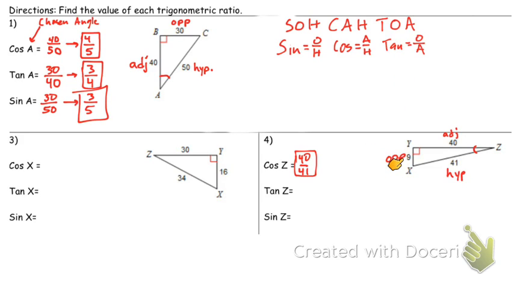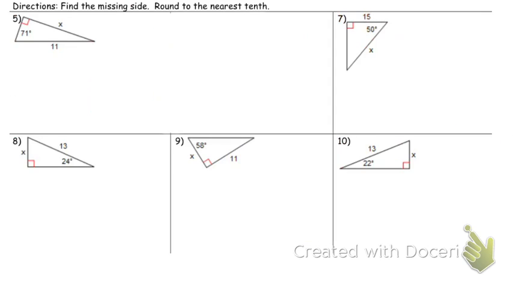So we go here, opposite over adjacent. So 9 over 40. And then sine of Z is going to be opposite over hypotenuse. So we go here, opposite over hypotenuse, 9 over 41. And we are done.